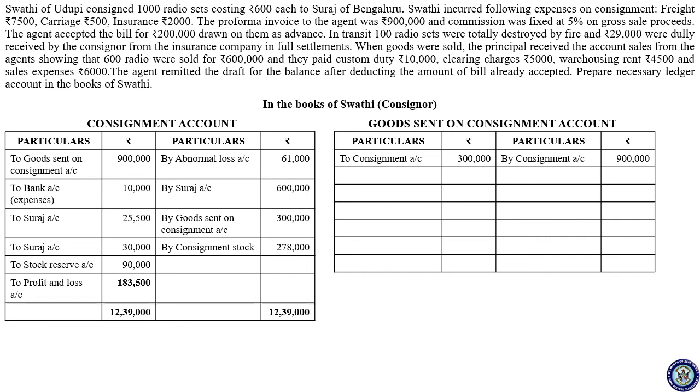Then again in consignment account credit side, you have written by goods sent on consignment. So in goods sent on consignment account, it is to consignment, and the difference is transferred to trading account. Total 9 lakh. From that, if you deduct 3 lakh, you will get 6 lakh.